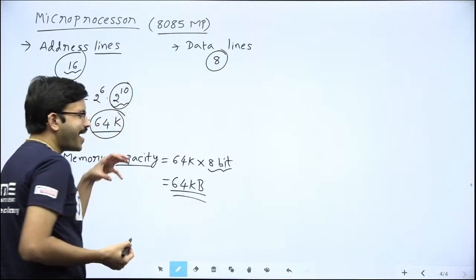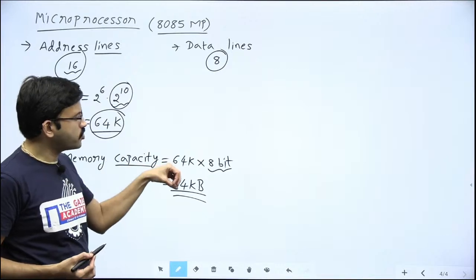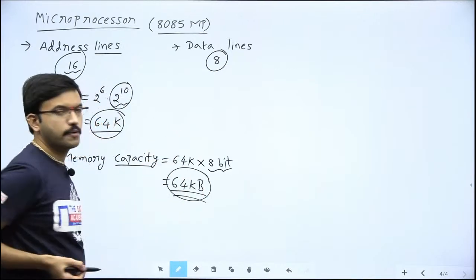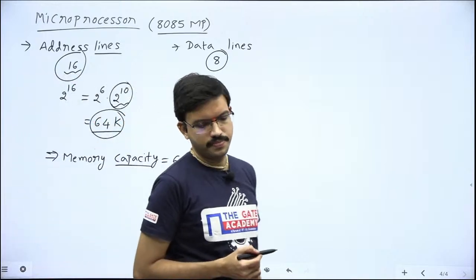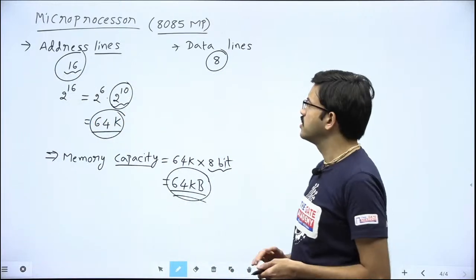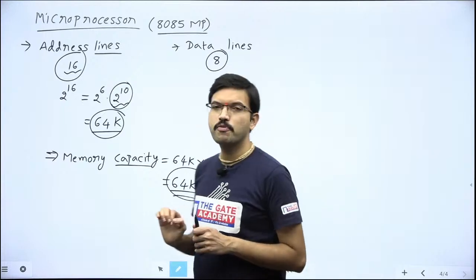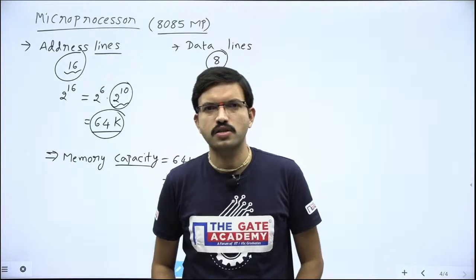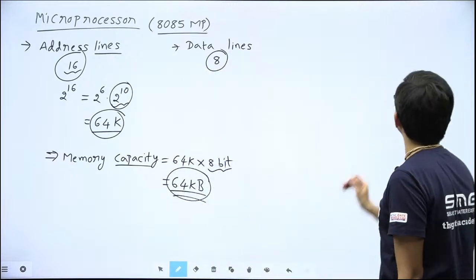The maximum memory capacity that you can interface to your 8085 microprocessor is 64 kilobyte. This data is more than sufficient for solving questions related to memory interfacing of the 8085 microprocessor. Now let us solve the questions.